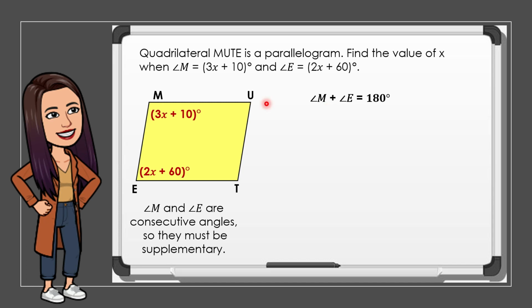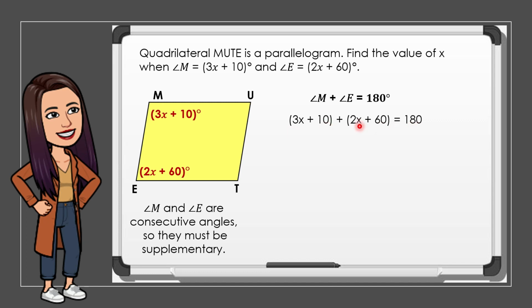It says here that they are supplementary, therefore, the sum of their angles must be equal to 180 degrees. Angle M is equal to 3x plus 10, while angle E is equal to 2x plus 60. Therefore, we have here 3x plus 10 plus 2x plus 60 is equal to 180.